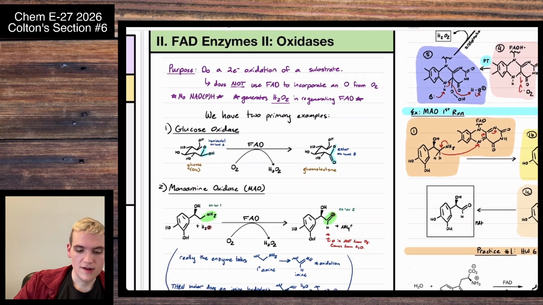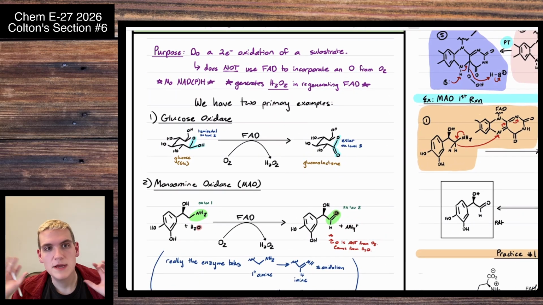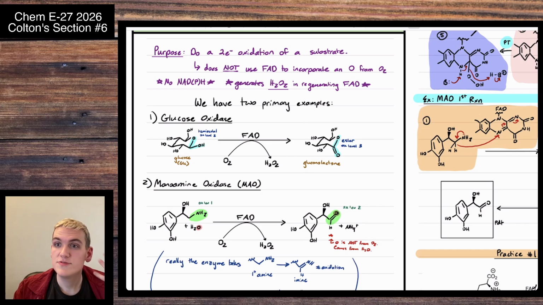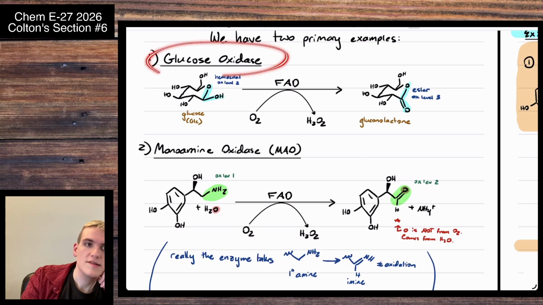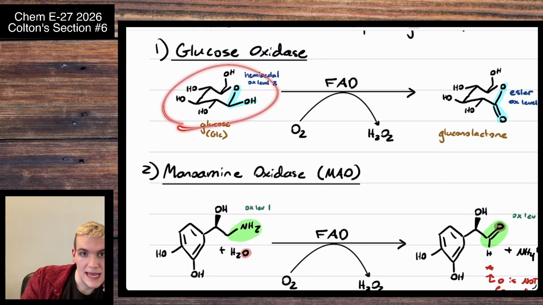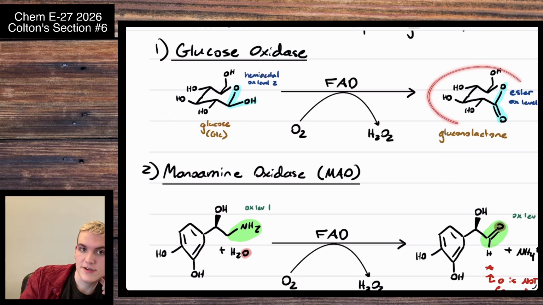So now with oxidases, we have two primary examples to look at. On exams and homeworks we can introduce more, but these are the classic categories that you will see. The first one is glucose oxidase, which starts with glucose and oxidizes it into gluconolactone.